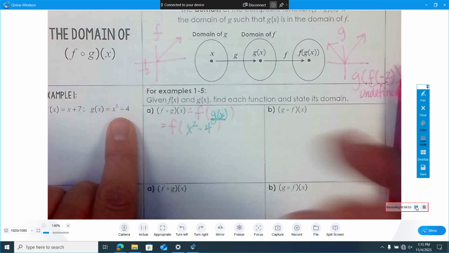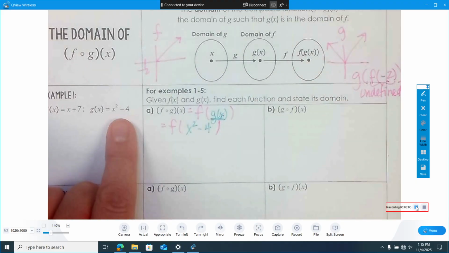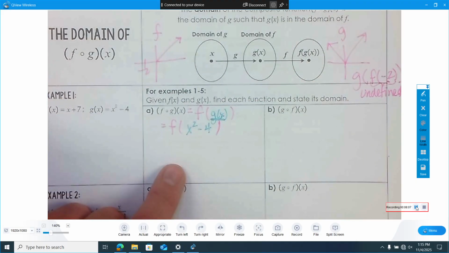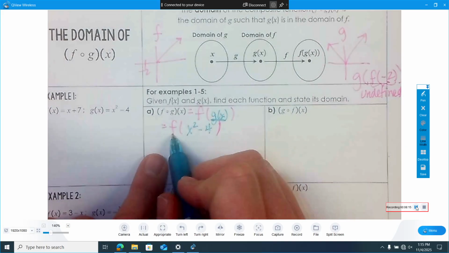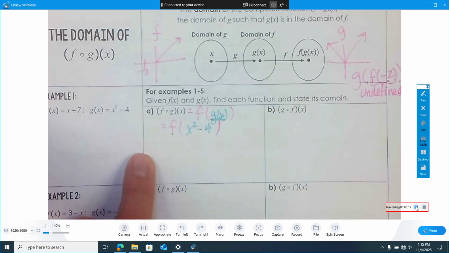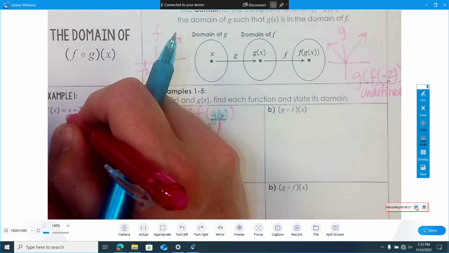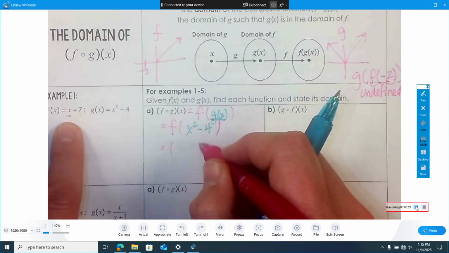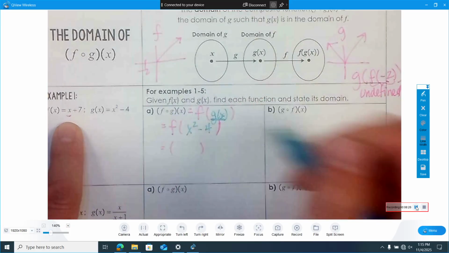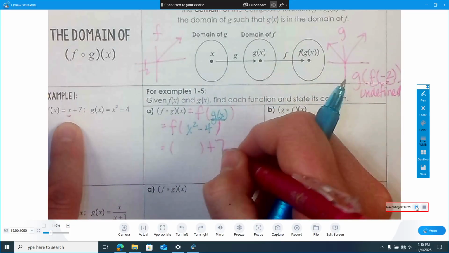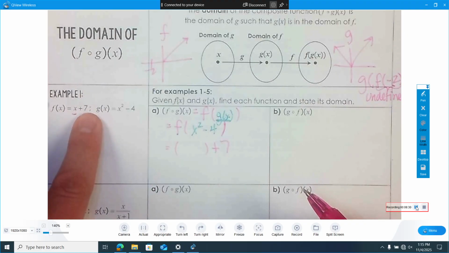Okay. Now, this looks crazy. What is this telling you to do? Plug it into the f function. It says, hey, go to your f function, and in place of x, what are we plugging in? Yeah. So I have something plus 7.